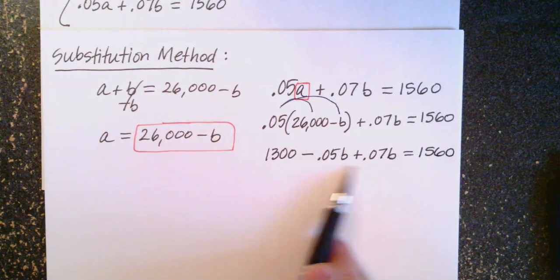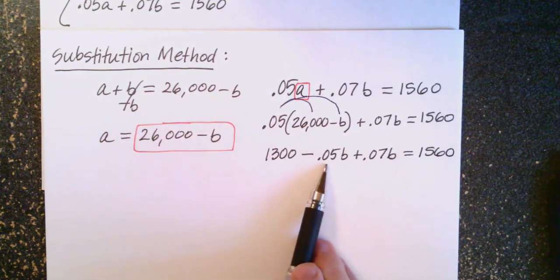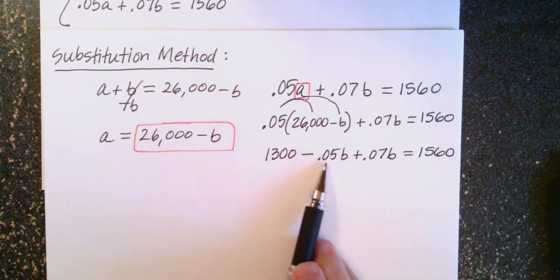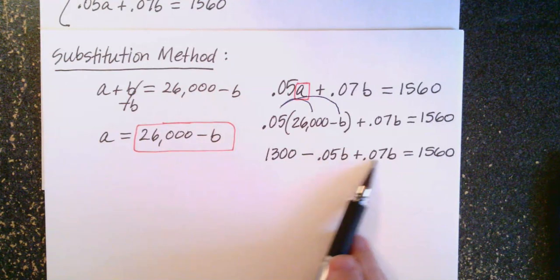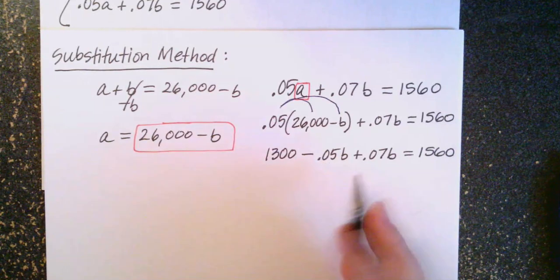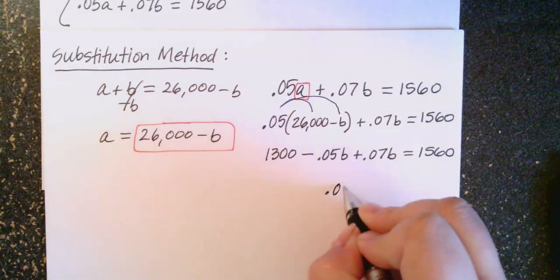So next I'm going to combine my like terms here. Negative 0.05 plus 0.07. One easy way to think about dealing with decimals is to think of money. This is like 5 cents, 7 cents. This is subtraction, so it's like I have 7 cents and I'm taking away 5. That's going to be positive 2 cents.